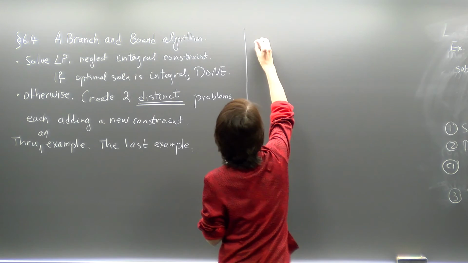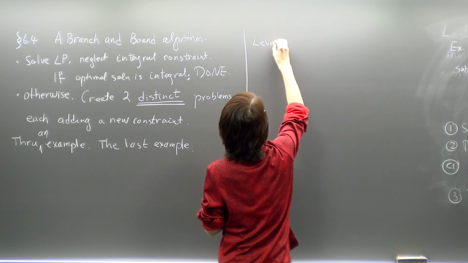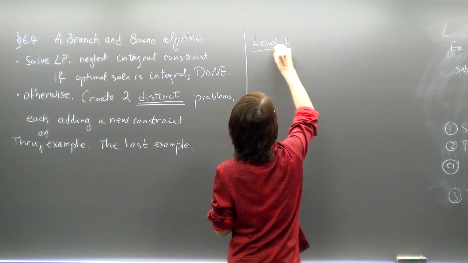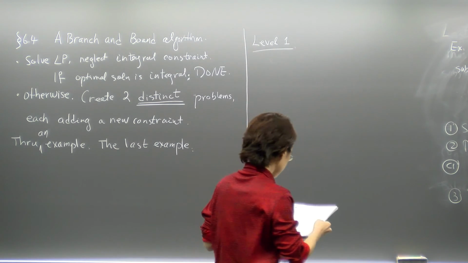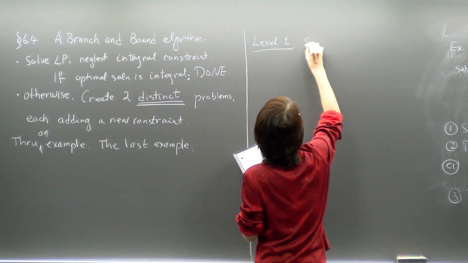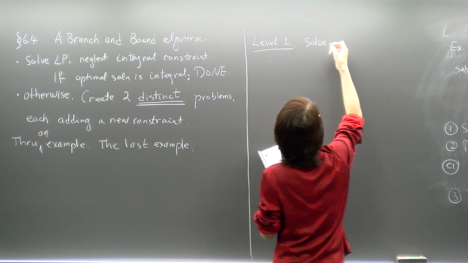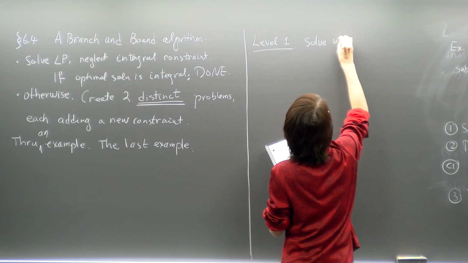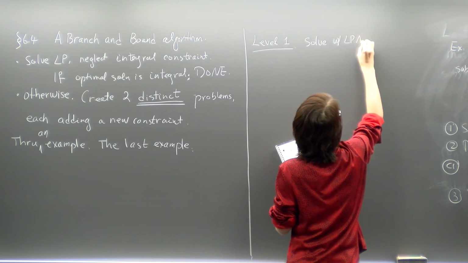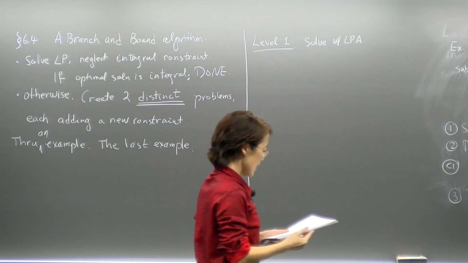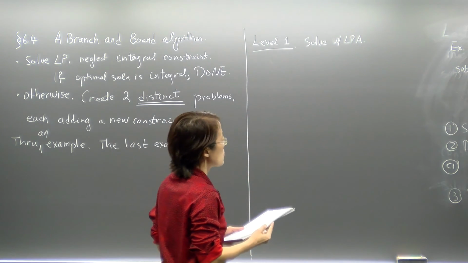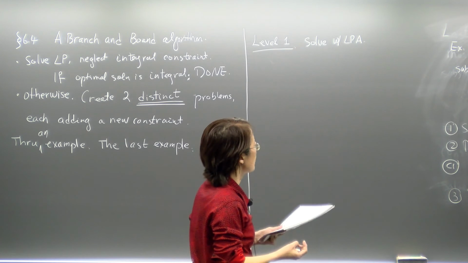So let's call these levels. So level 1, the first level, I solve the problem with the LP relaxation, meaning neglecting the integral constraint, and I find the solution.